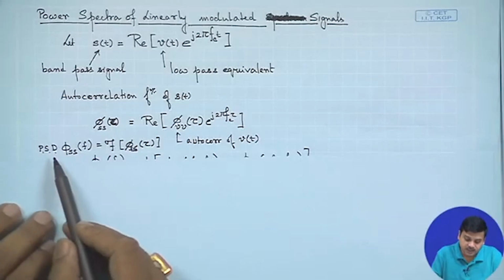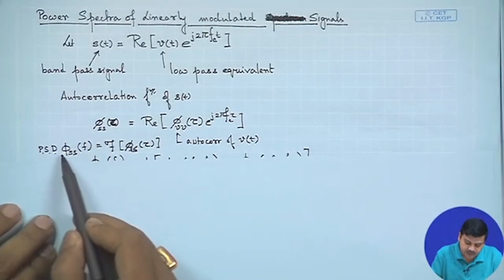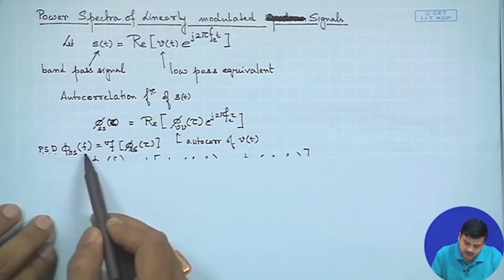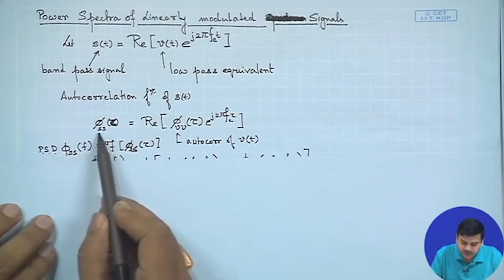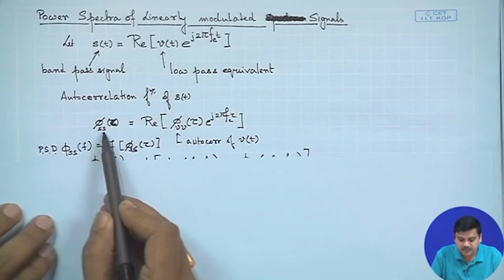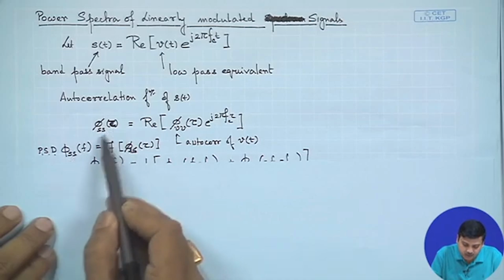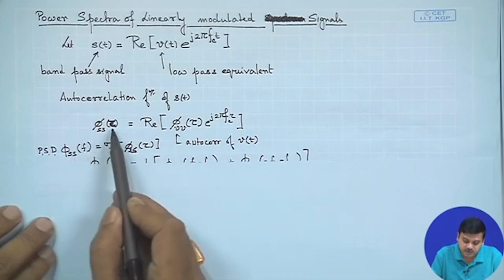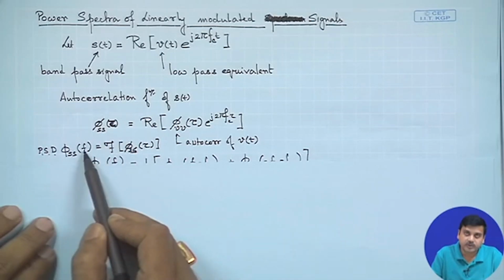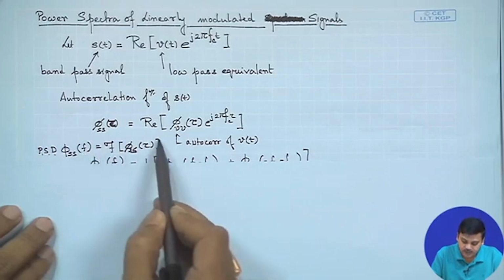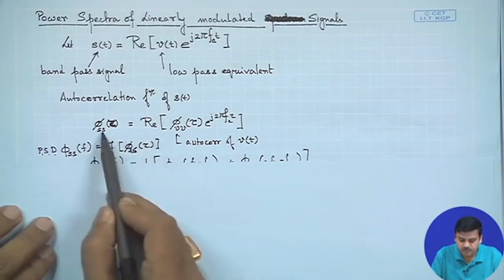If we are interested in the power spectral density, we will represent it as phi_SS(f), SS because it is the autocorrelation of S and S. So, power spectral density because of autocorrelation, so it is S, and tau gets translated to f because from the delay domain we are going to the frequency domain, and this is basically the Fourier transform of this.